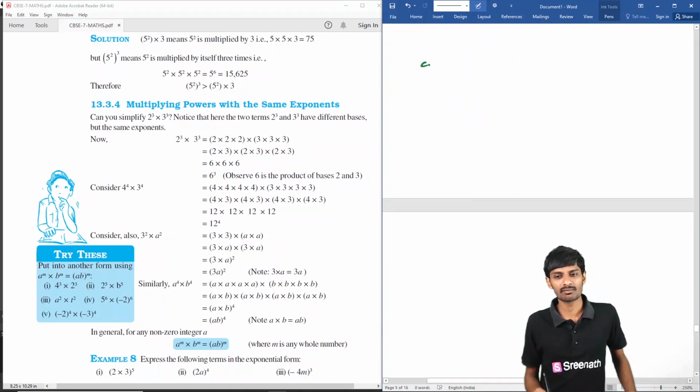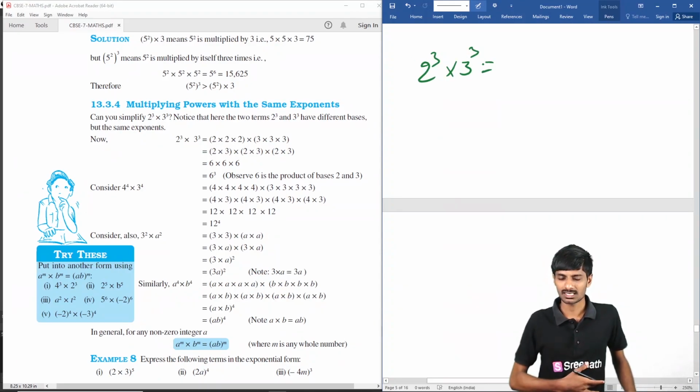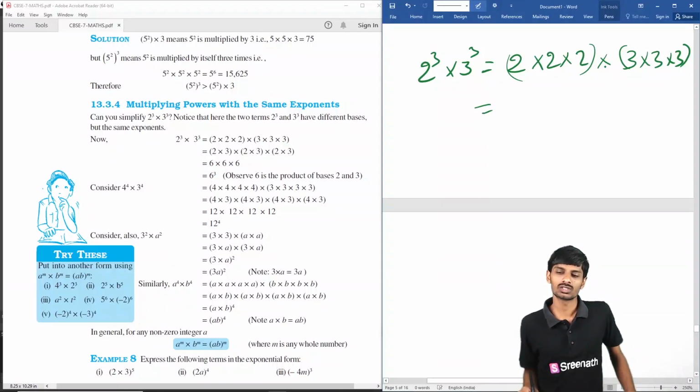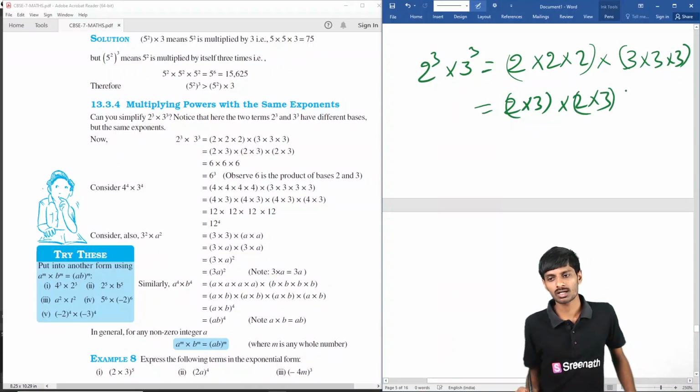Just the same example, 2 cube into 3 cube. What happens to the answer? Just remind yourself: 2 cube means 2 into 2 into 2, and 3 cube means 3 into 3 into 3. So you can make 2 into 3 as one block, again 2 into 3 as another block, and again 2 into 3 as another block.